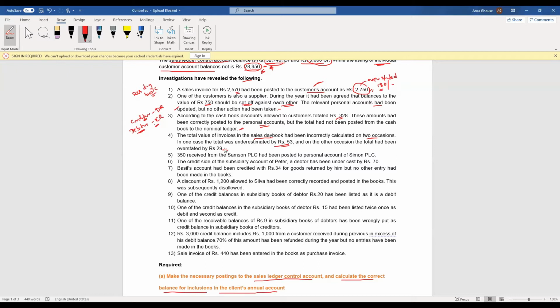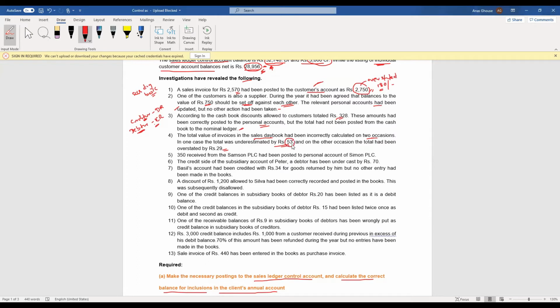So when there is a casting error in the day book, that will have an impact on the control accounts. So in this case, 53 rupees was understated, which means the control account balance is less. So therefore, to rectify, we need to add back this 53.